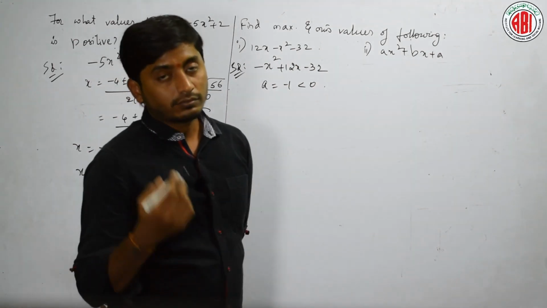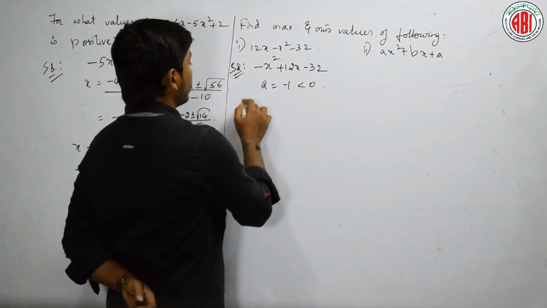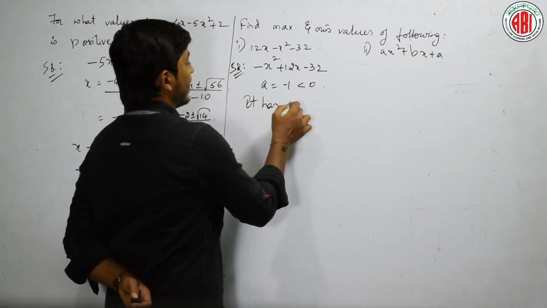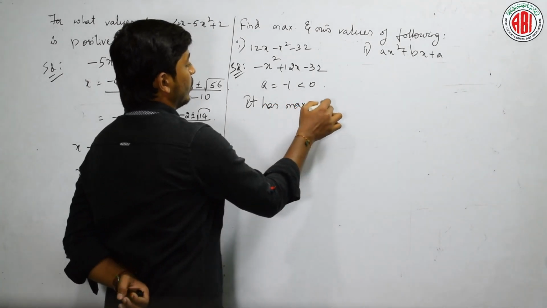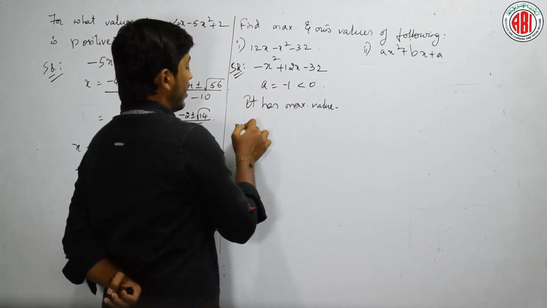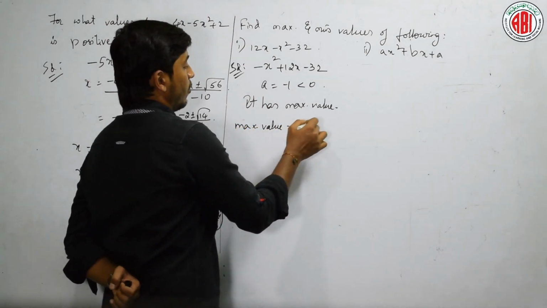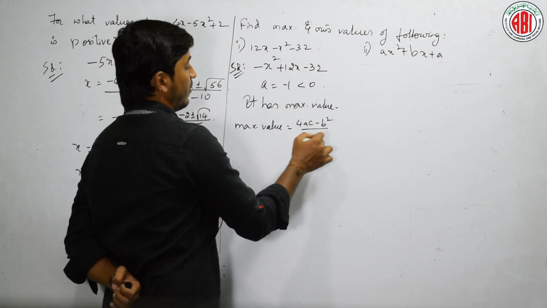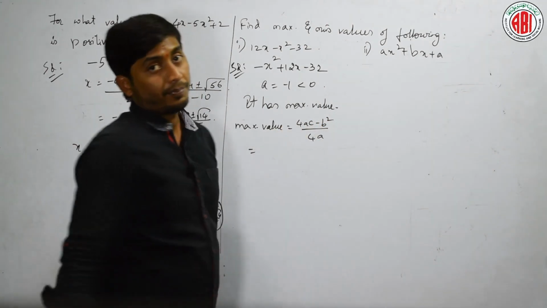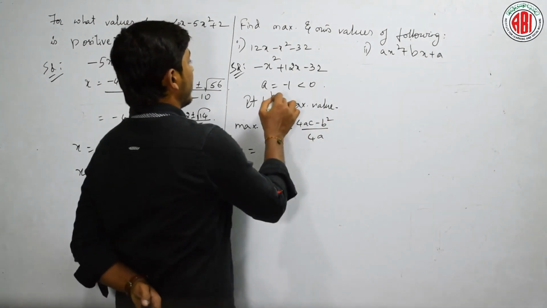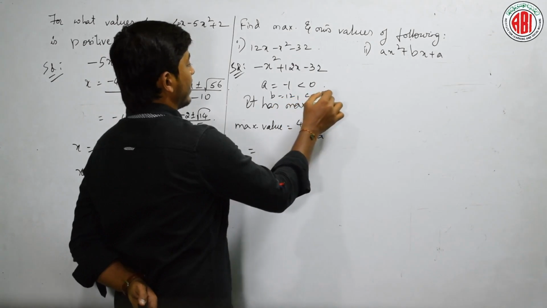Then it has a maximum value. What is the maximum value now? Max value is 4ac minus b square by 4a. Yes. So, what is b here? b is 12, c is minus 32.